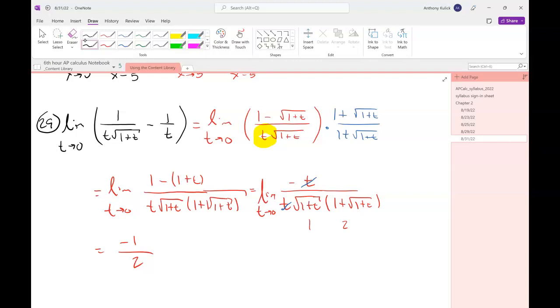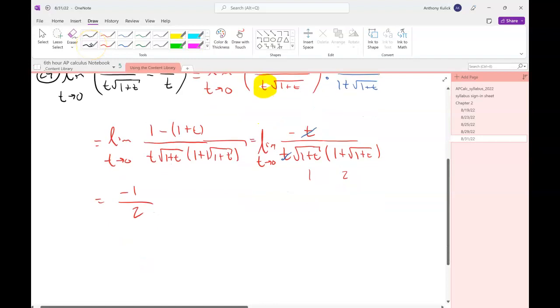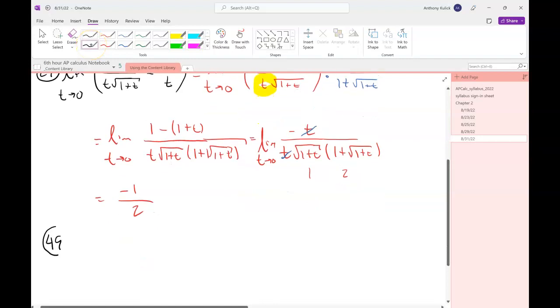Blake? So for 2.5, could you do number 49? Sure. Oh, okay. 49.